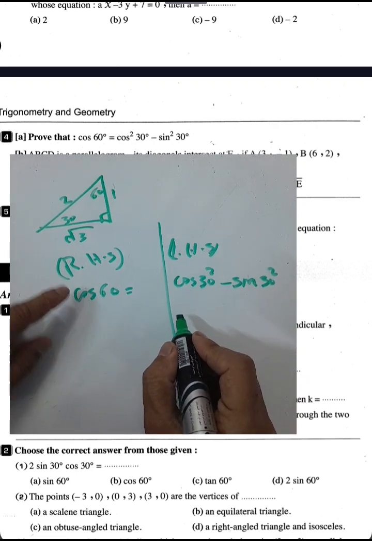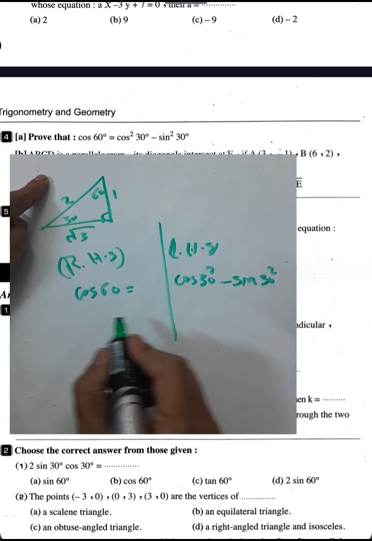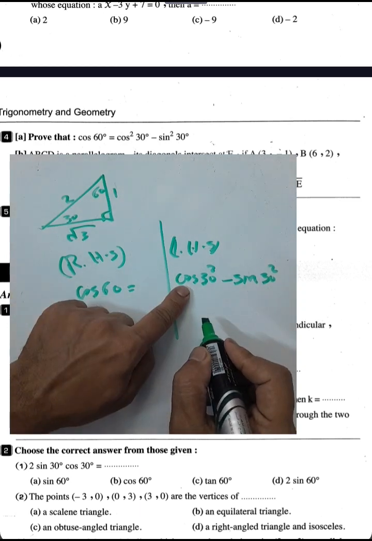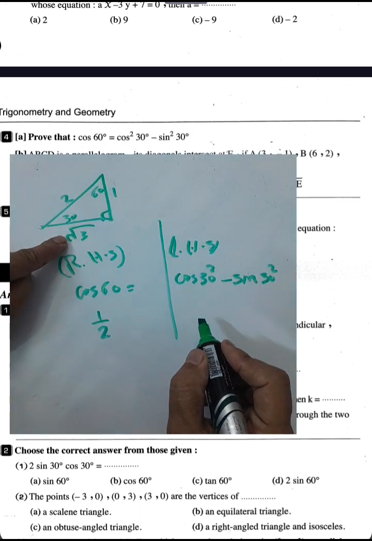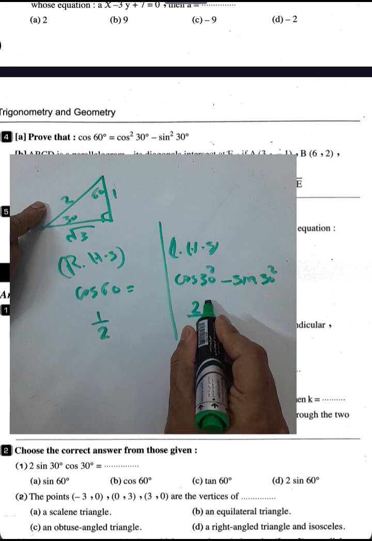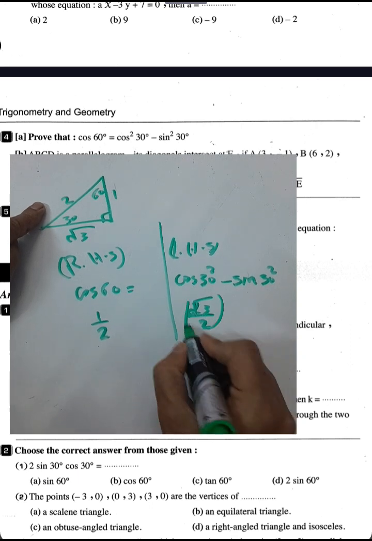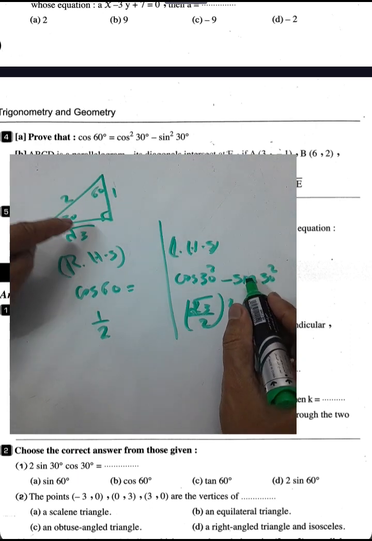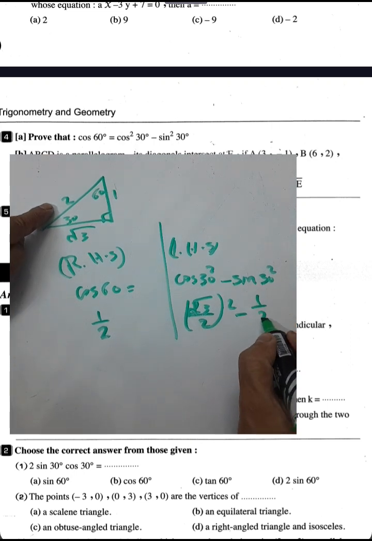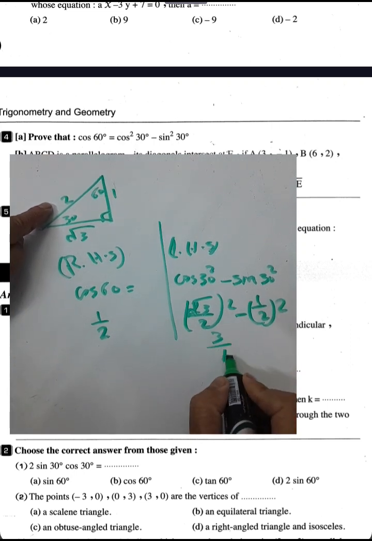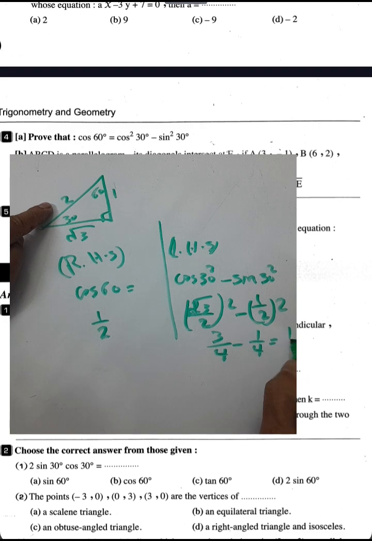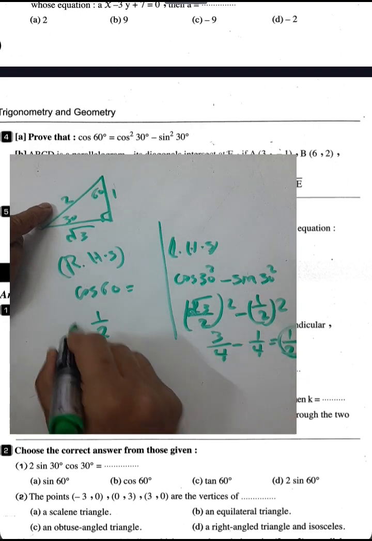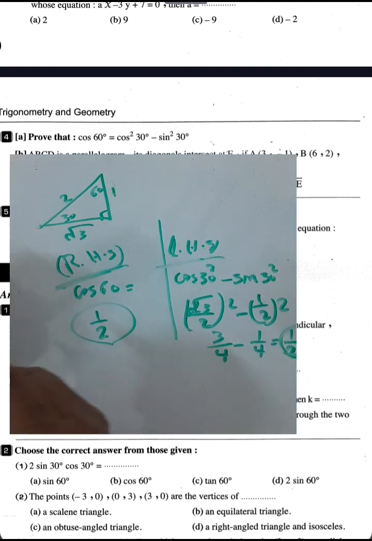We know cosine is adjacent over hypotenuse, 1 over 2, and cosine 30 is adjacent over hypotenuse, root 3 over 2, all power 2. Subtract sine 30, opposite over hypotenuse, 1 over 2 power 2. It will be 3 over 4 subtract 1 over 4, it will be 1 over 2. Then left hand side equals right hand side.